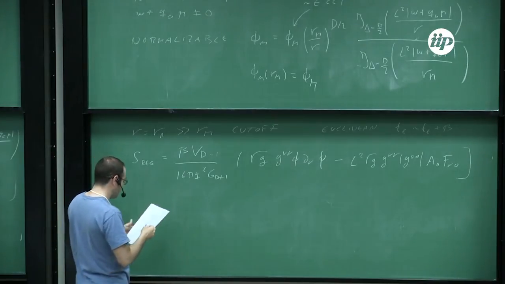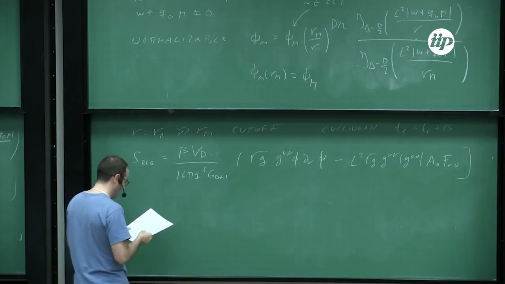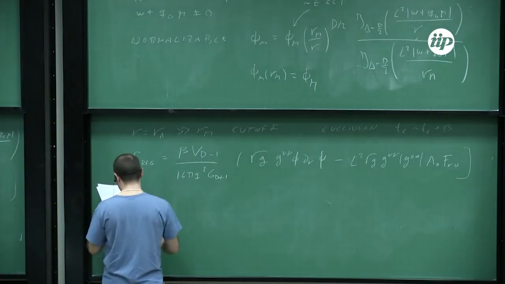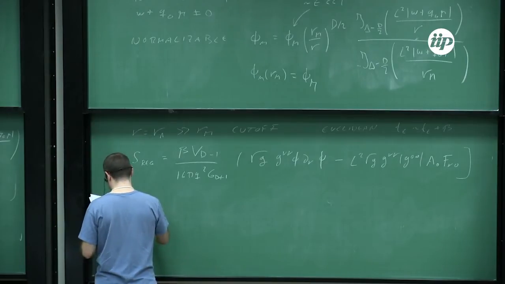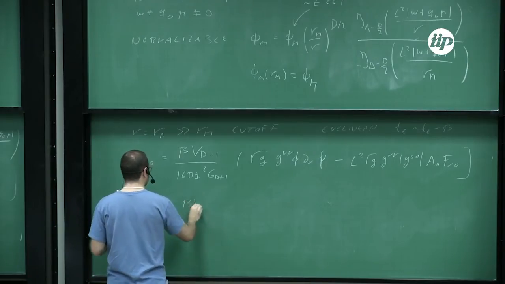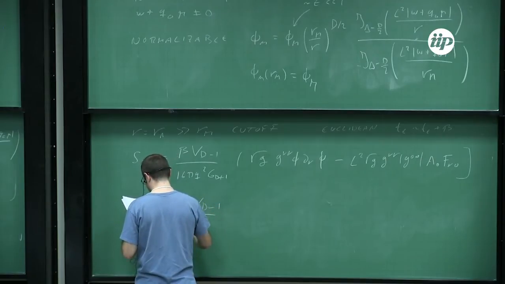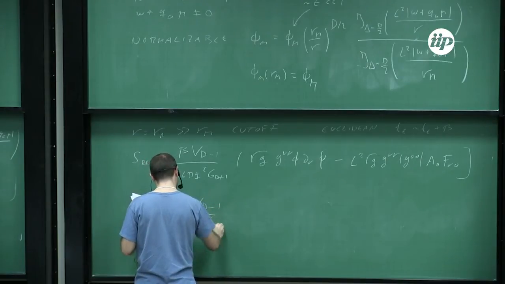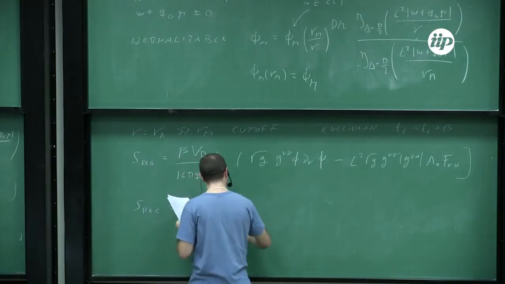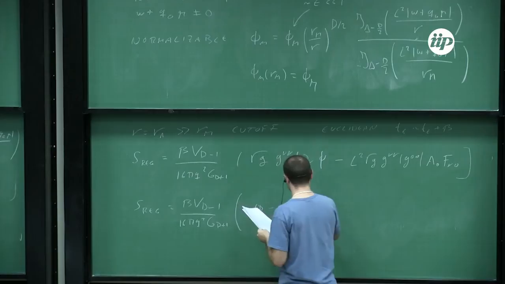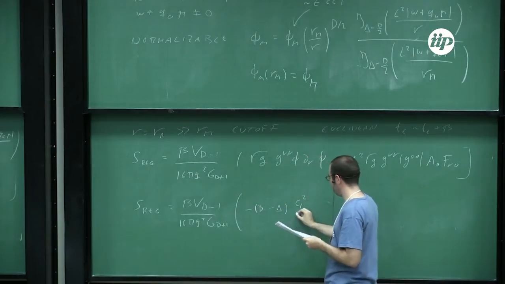Now, I wrote the expansions of the scalar and the gauge field before. If you plug them in this action and you expand, then you find, well, there is all these factors. There is first a term that goes like the non-normalizable mode squared.